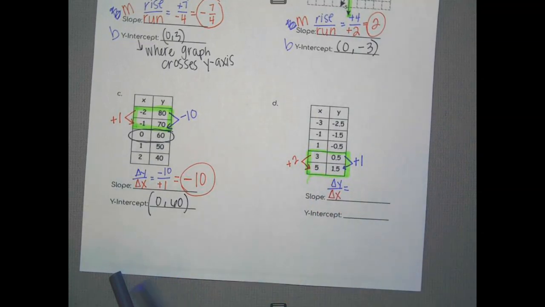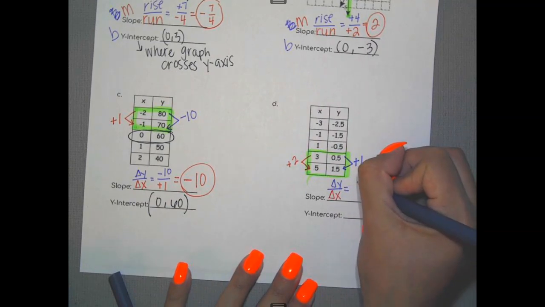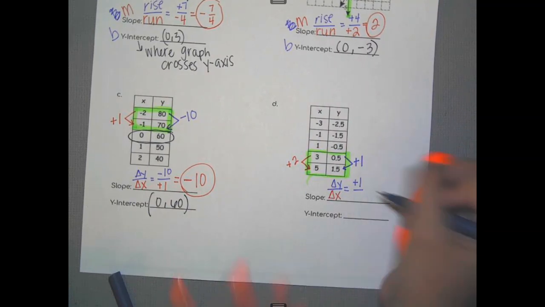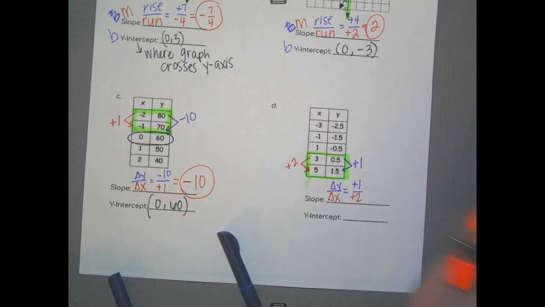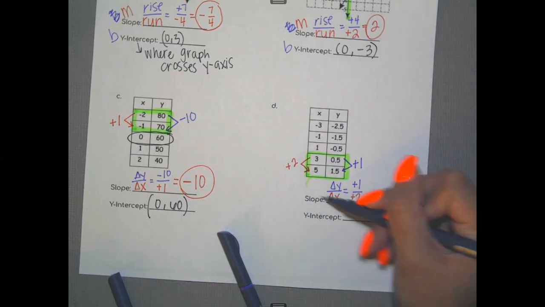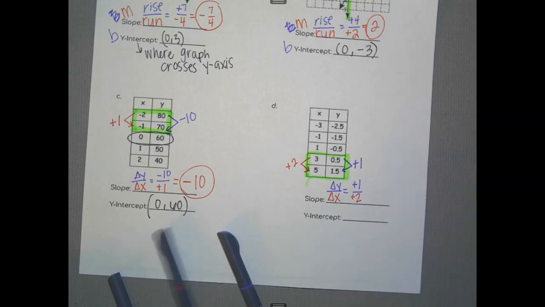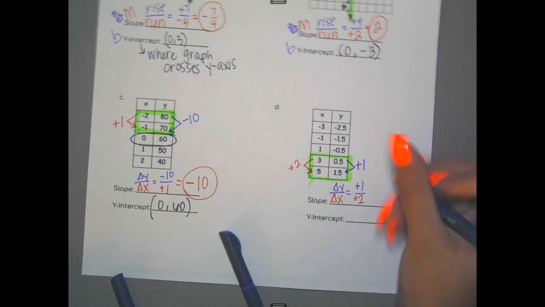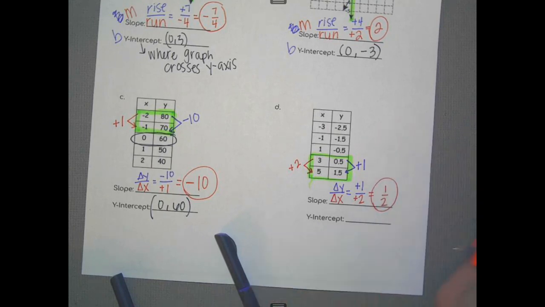So for this fraction, I have change in y, which was plus 1, divided by change in x, which is plus 2. And I'm going to just leave that as a fraction, 1 over 2, or 0.5.